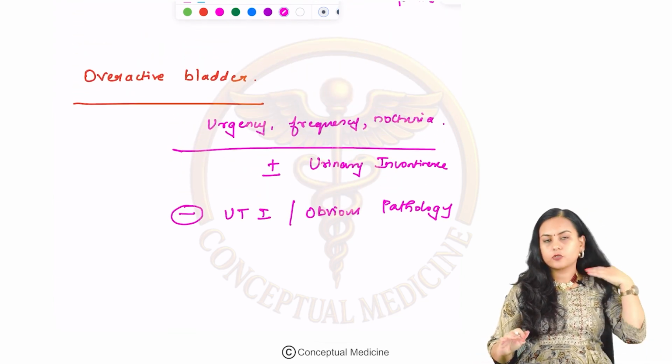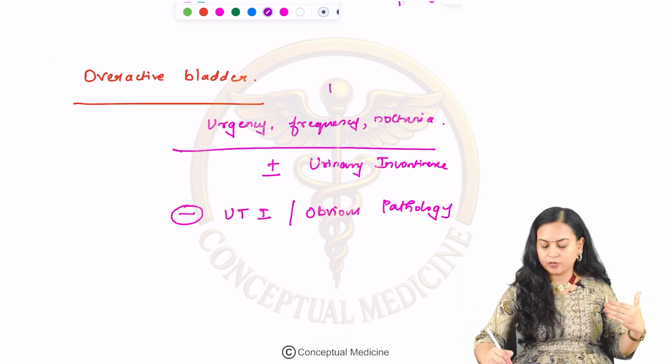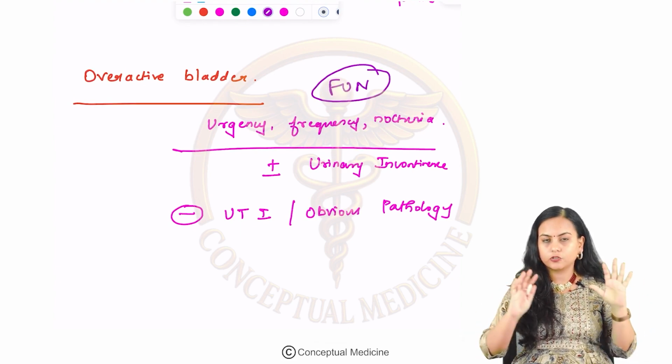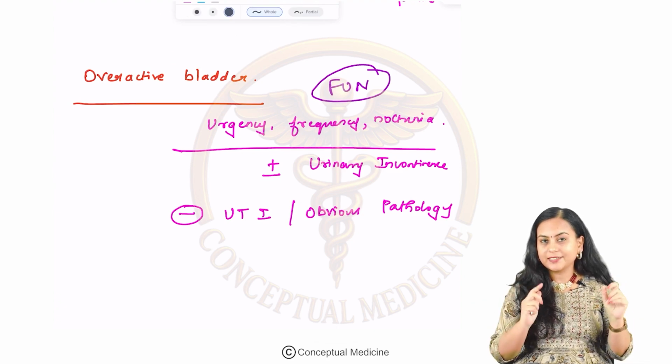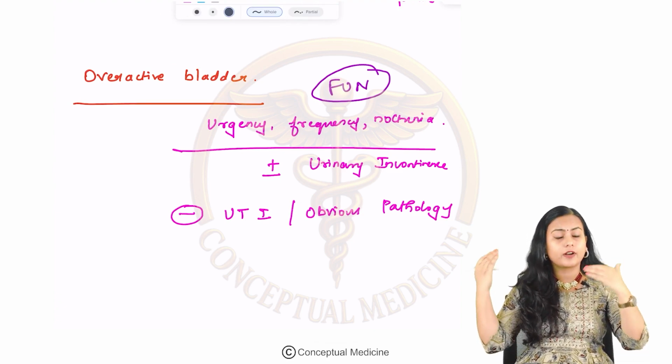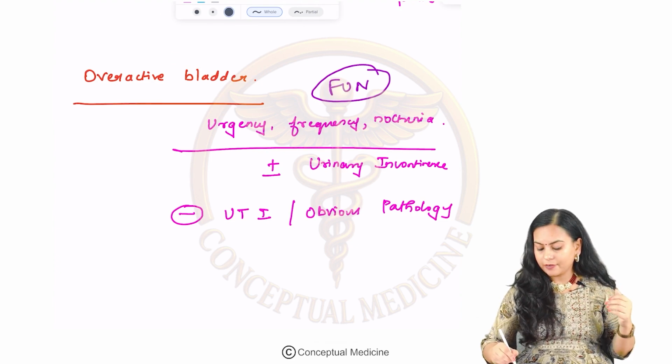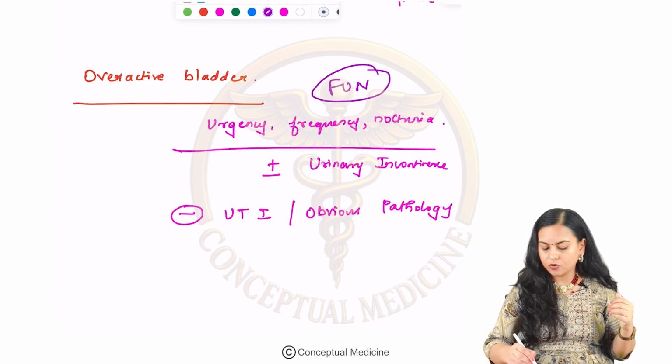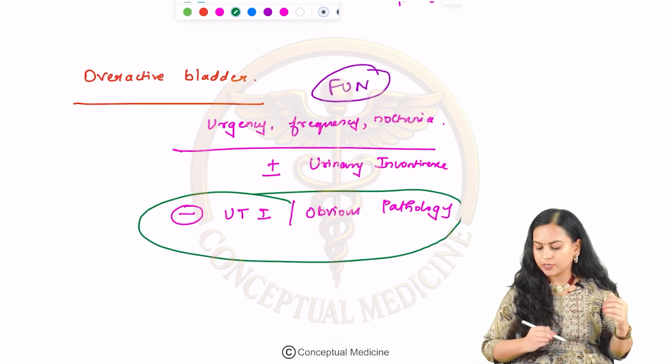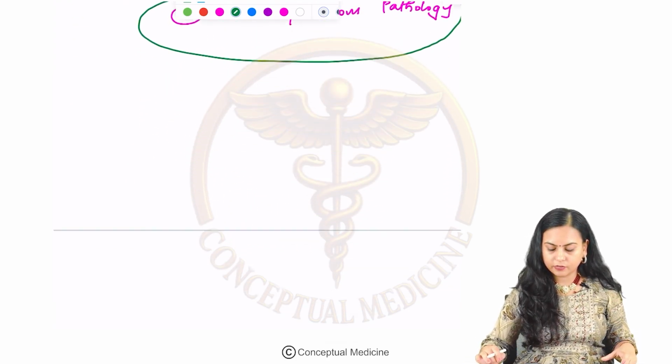You can keep it in mind: frequency, urgency and nocturia will be there, urinary incontinence can be present or absent, but definitely there is absence of urinary tract infection as well as any other obvious pathology, right?